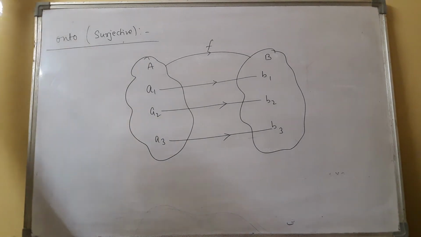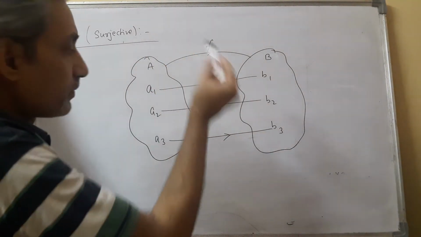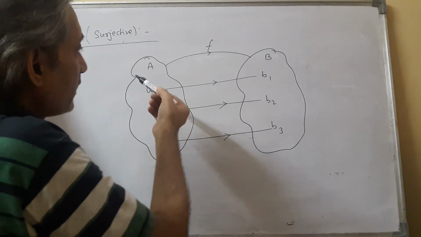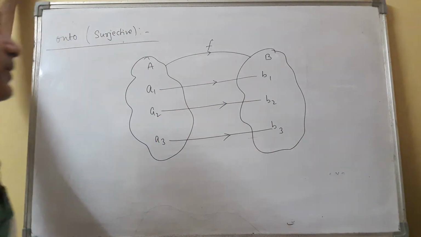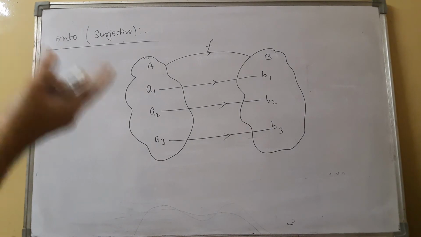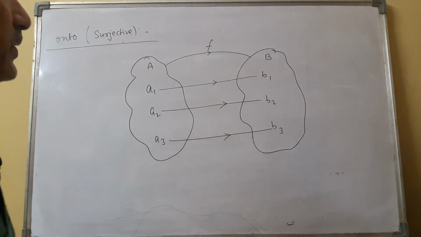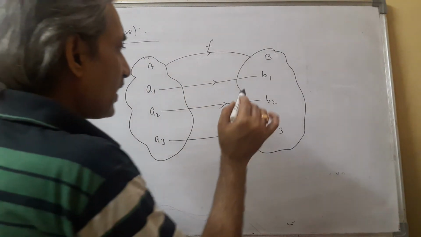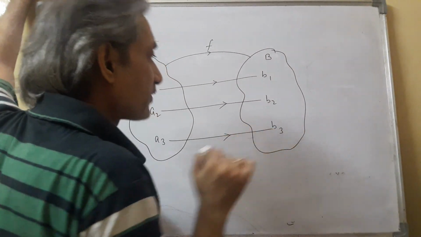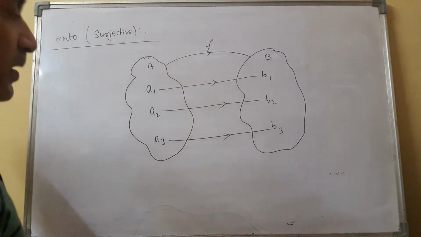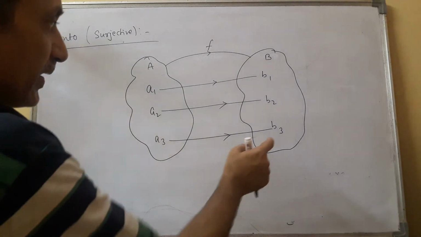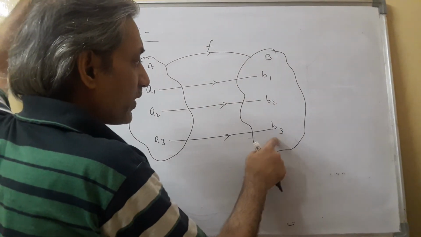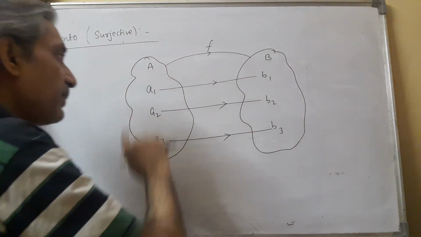Now it is very much clear it is a one-one function because every element of this set is mapped to a unique element. A1 की इमेज B1 है, A2 की B2 और A3 की B3. And it is an onto function as well. Why? Because in the onto function every element in the codomain set should have a pre-image.